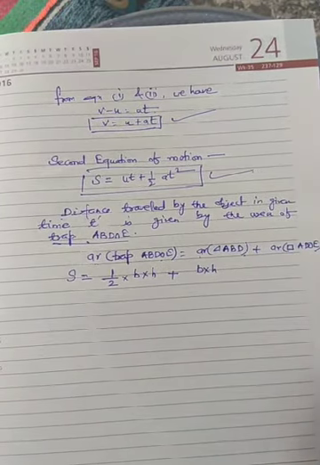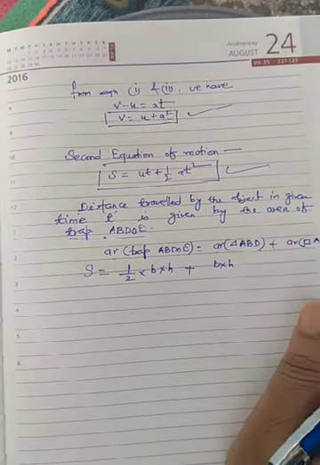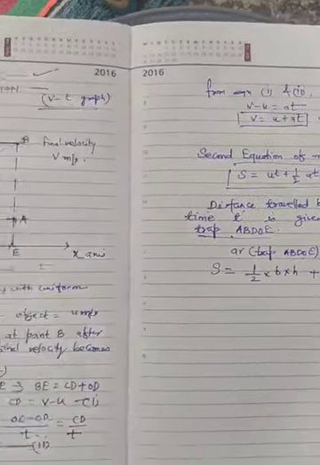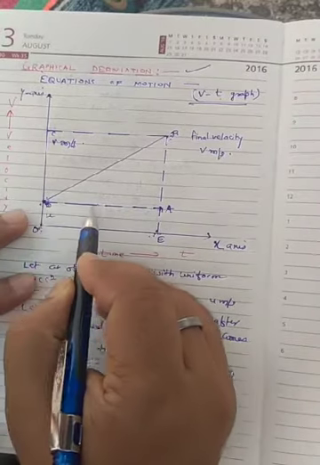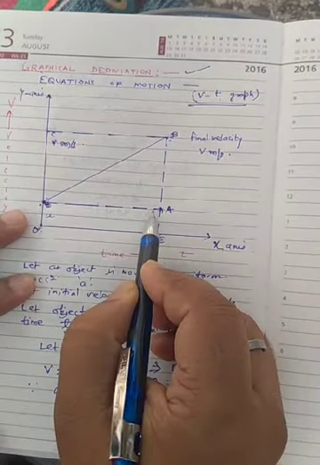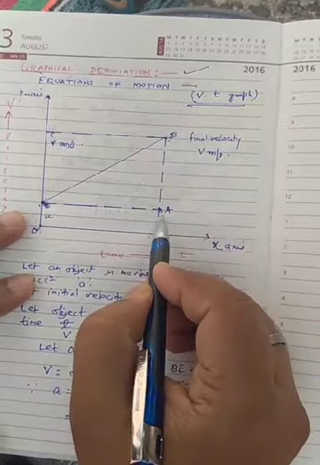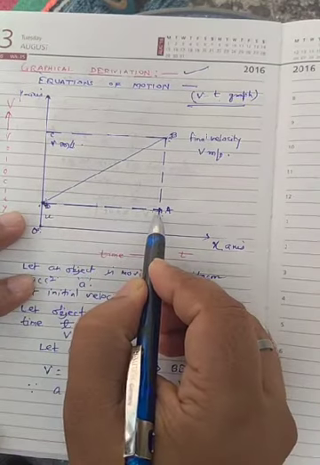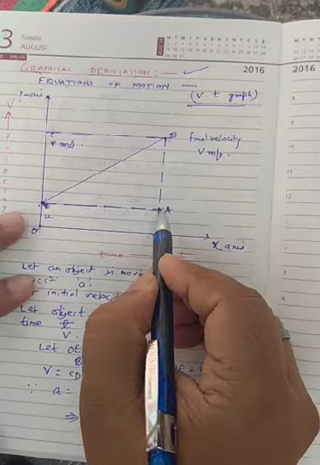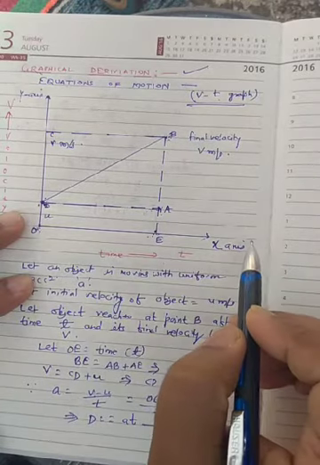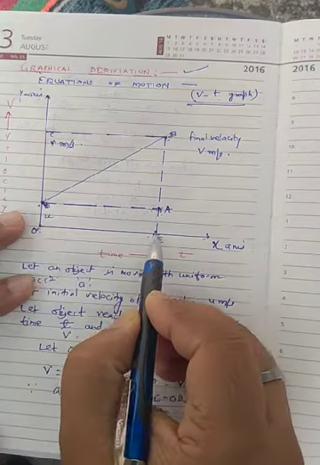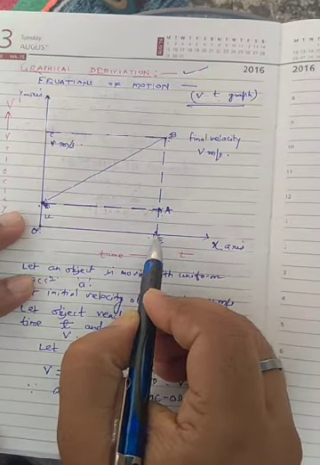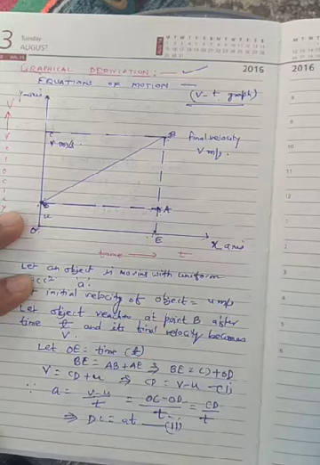So let's see from the graph, half into base into height in the triangle. What is base? Base is AD. And what is height? AB. AD is your base, AB is your height. In the rectangle, OE is your length and AE is your breadth.